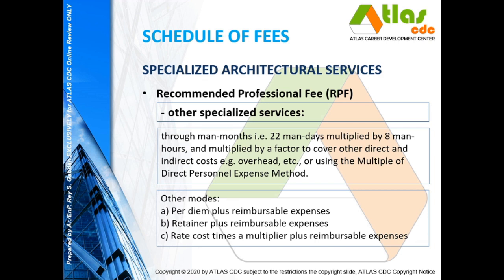The factor here is 1.5 to 2.5. So basically this is MDPE. And other modes that can be employed are per diem plus reimbursable expenses, or retainer plus reimbursable expenses, or the rate cost times a multiplier plus reimbursable expenses.